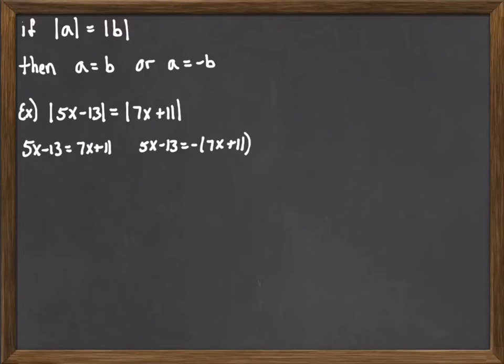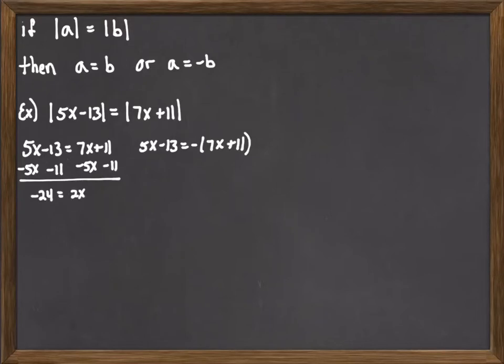So I ask you to take a moment and solve the first equation. To do that, we want to get x on one side, so I subtracted the 5x off to get the x just on the right hand side. And while I was at it, I took the 11 off to the other side.